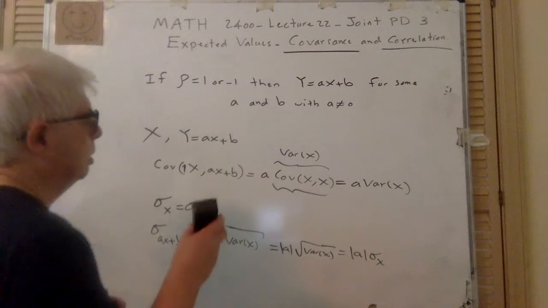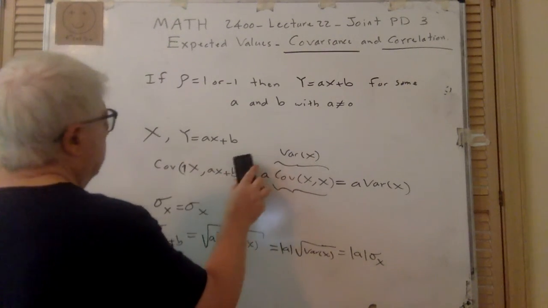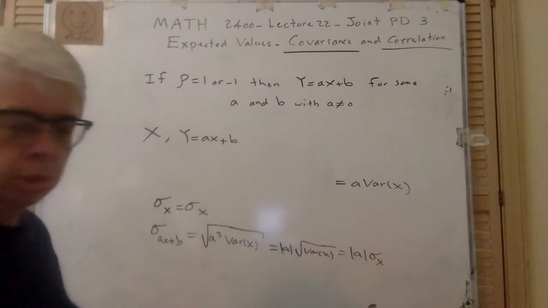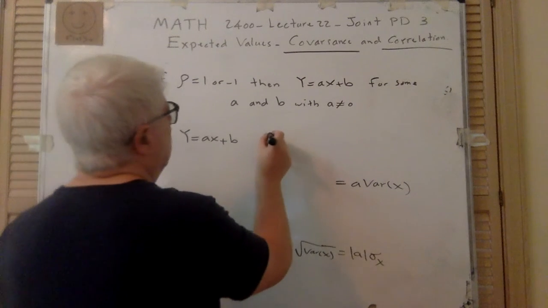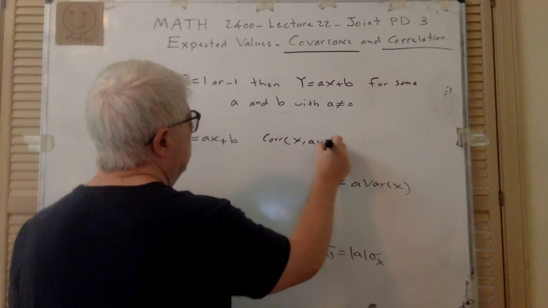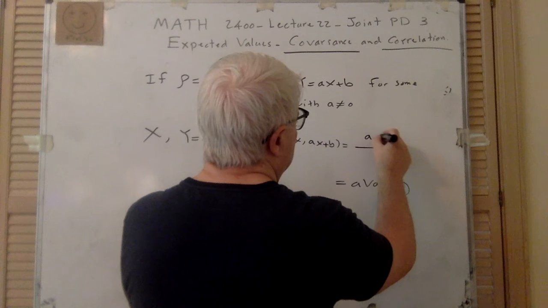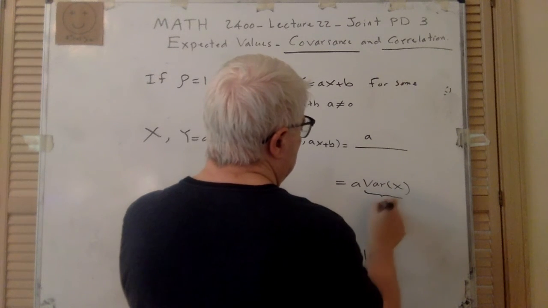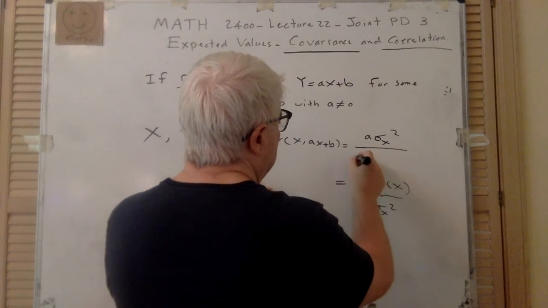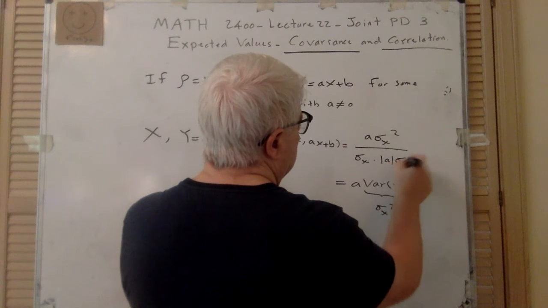So what happens then to the correlation between these two? Let me sum up everything. The correlation between x and ax plus b: on top I have a times the variance, which is sigma x squared. In the denominator I have sigma x times the absolute value of a sigma x.